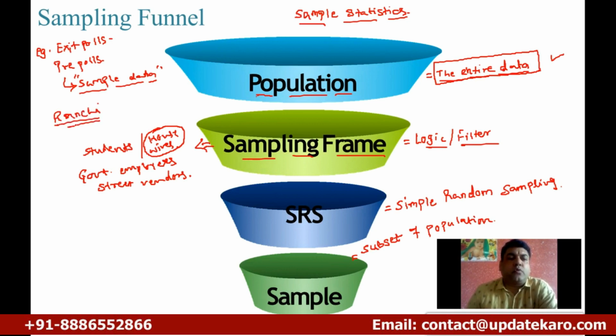Now, if they want to go and collect the sample from the housewives who are staying currently in the Ranchi area, are they going to collect the sample or the opinions of all the 100% housewives?